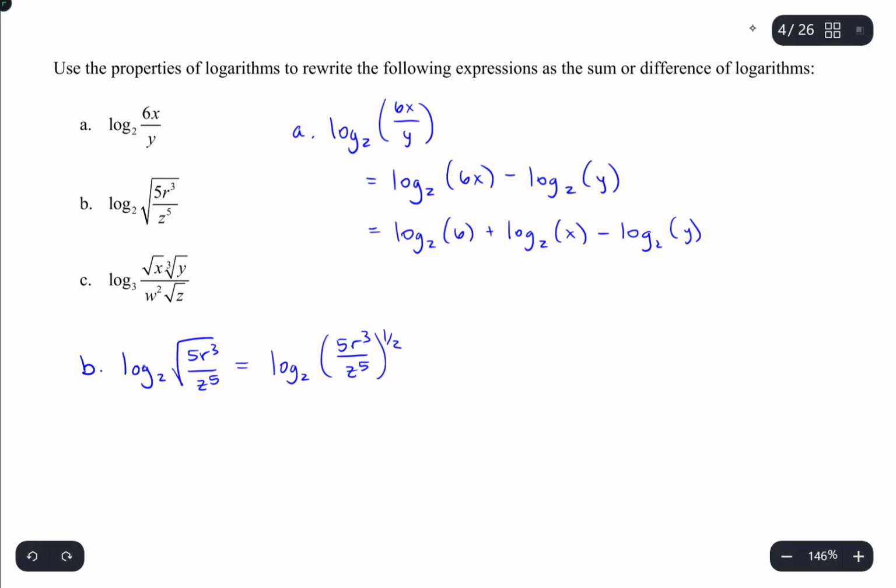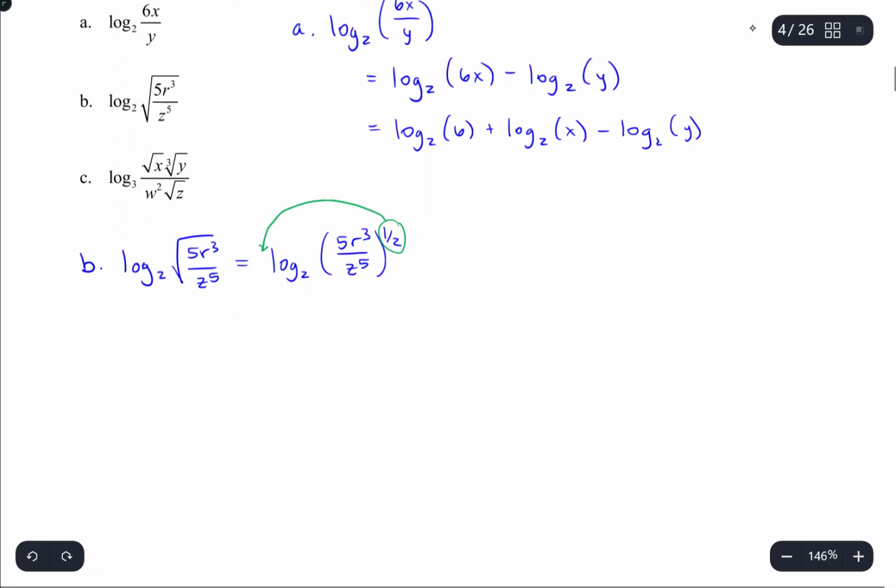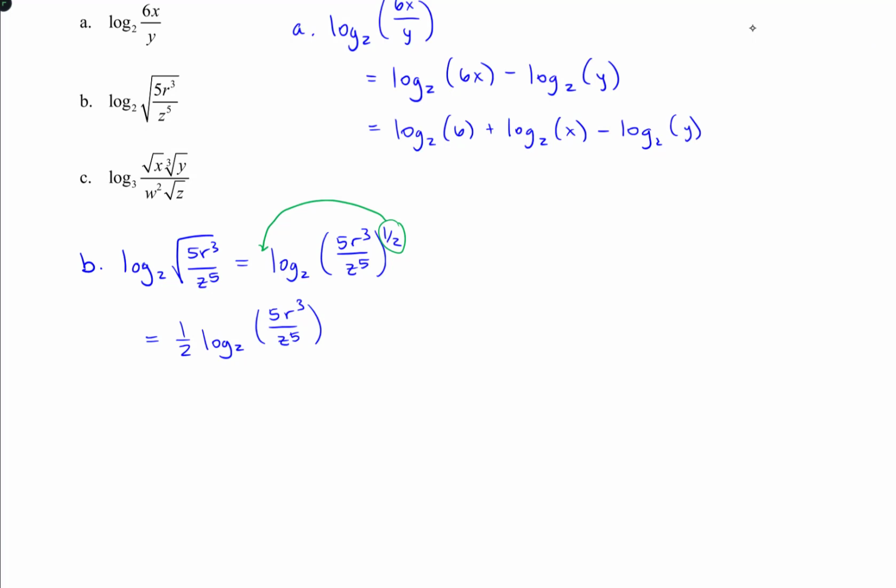What that allows me to do is take this exponent that's on the argument of the logarithm and pull that out front as a constant multiplier, so that I could write this as 1/2 log base 2 of 5r to the third over z to the fifth. All right, and that's already simpler.